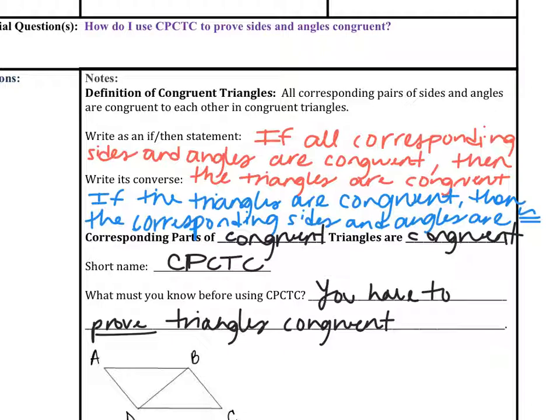When you have this, you can go ahead and switch to filling in your gold sheet. I would say these two things: corresponding parts of congruent triangles are congruent. You for sure need to have that down because that's what the acronym means. And then what do you have to know? You have to prove that the triangles are congruent first, and then you can use that theorem.